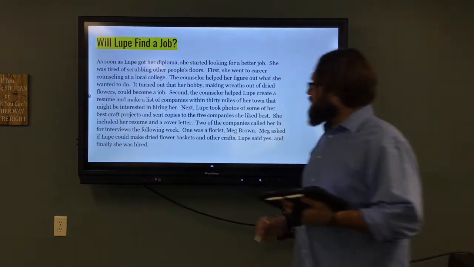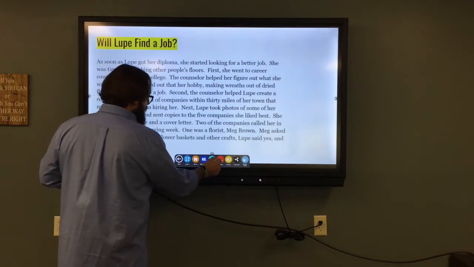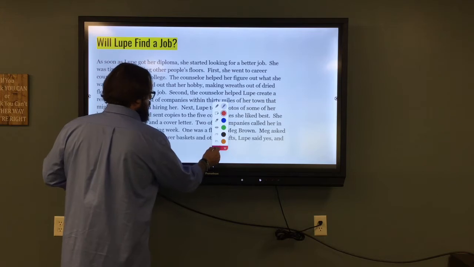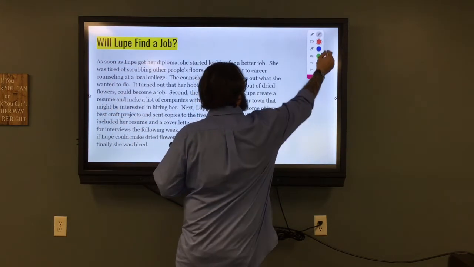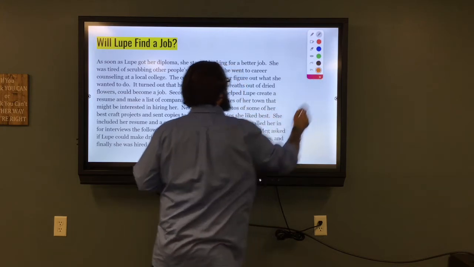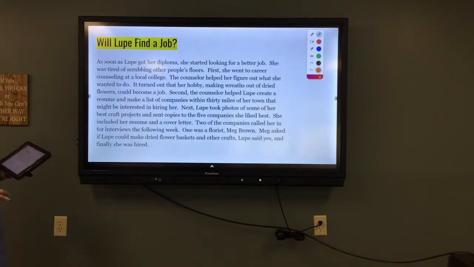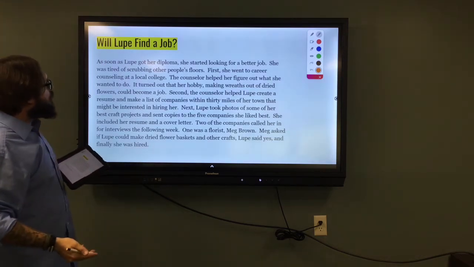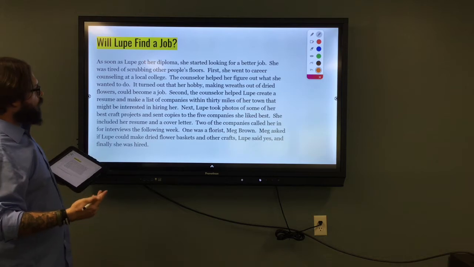All right, let's see if we can identify some of the signal words in this passage. So as soon as Lupe got her diploma, she started looking for a job. She was tired of scrubbing other people's floors.